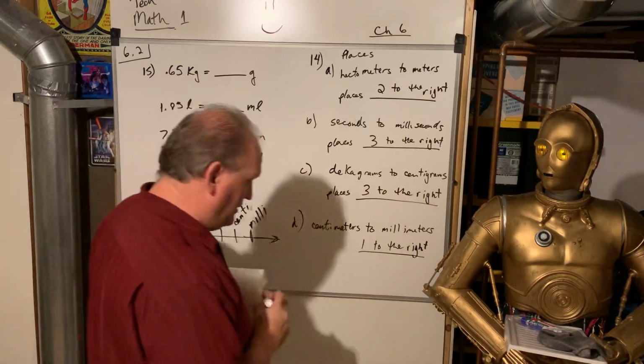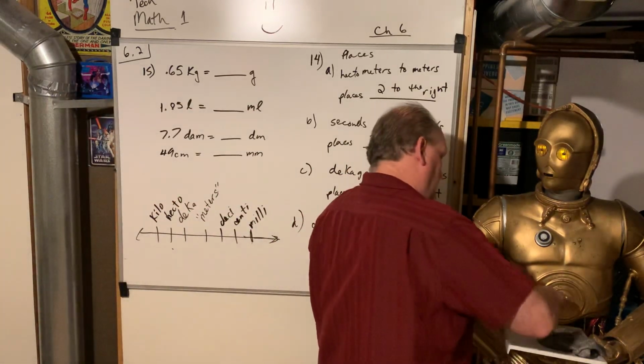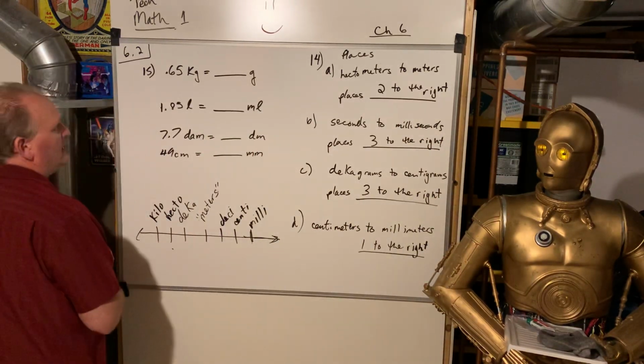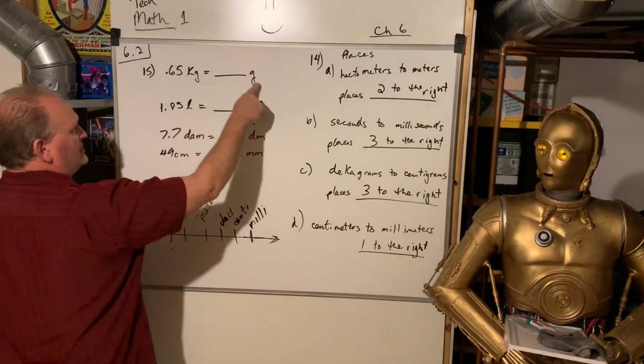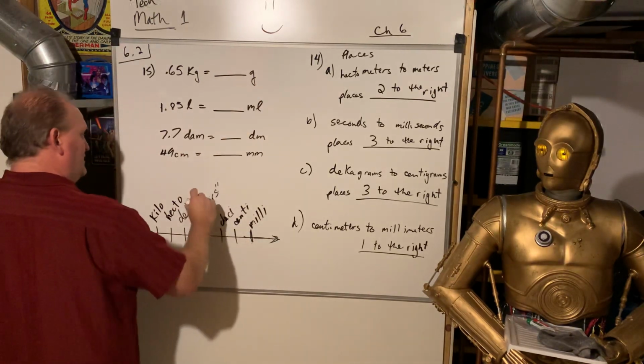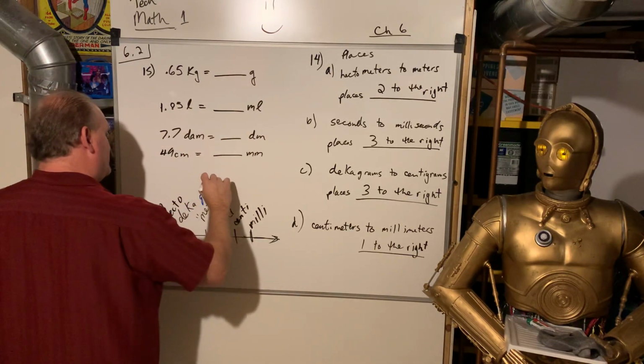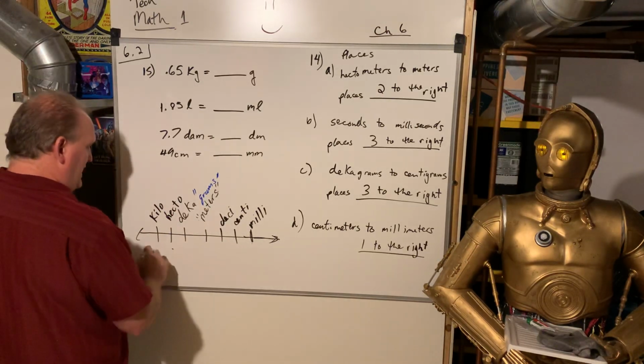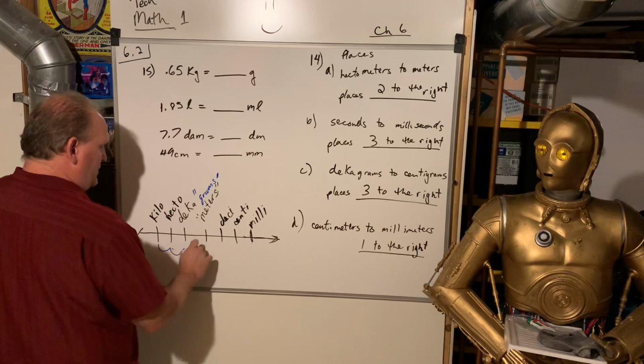All right, so take a look. We just use this little chart, and you say, all right, kilo to just the standard. Grams is on the standard. So if I'm going from kilo to grams, that's 1, 2, 3 places to the right.